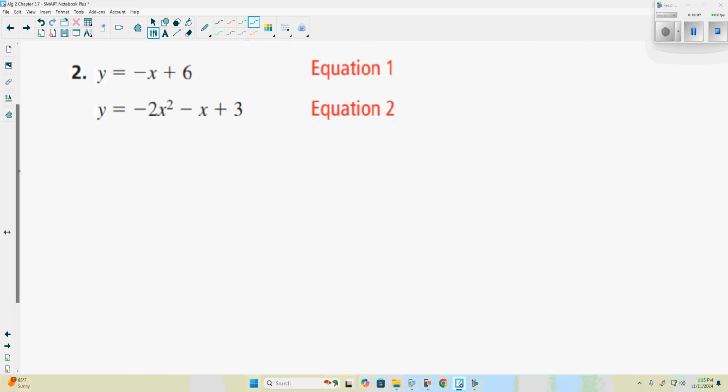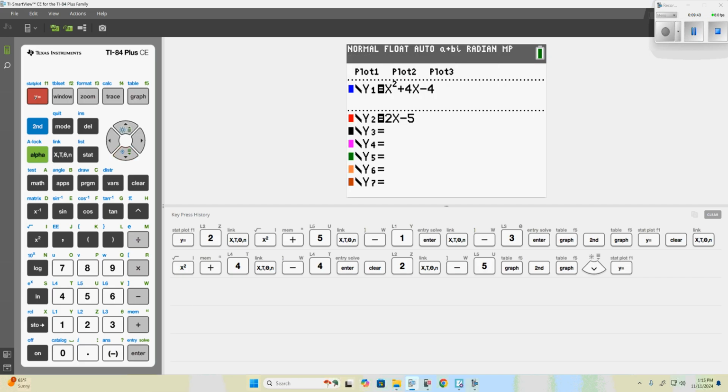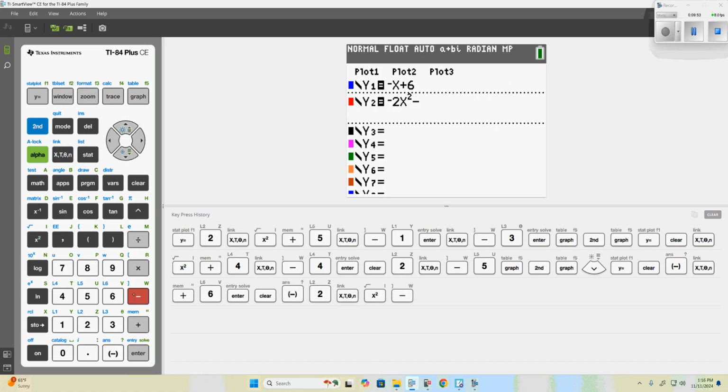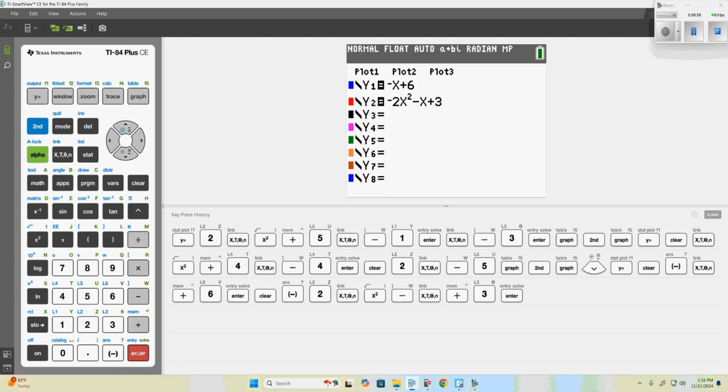y equals -x plus 6, and y equals -2x squared minus x plus 3. So go on and type it in. Negative x plus 6 and negative 2x squared minus x plus 3.